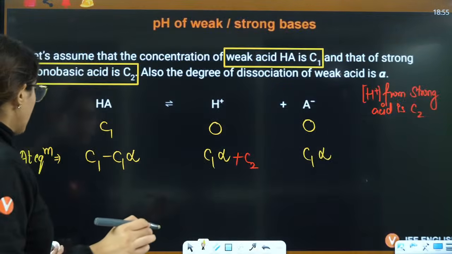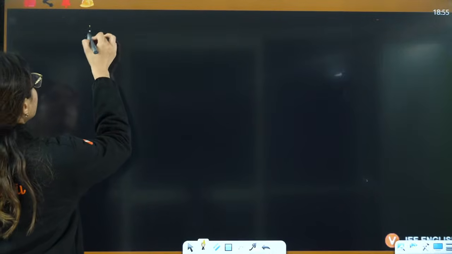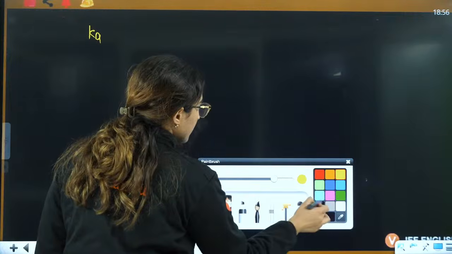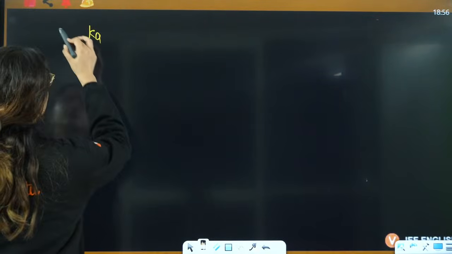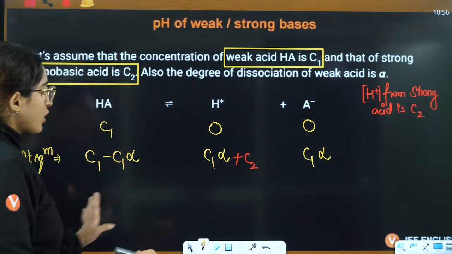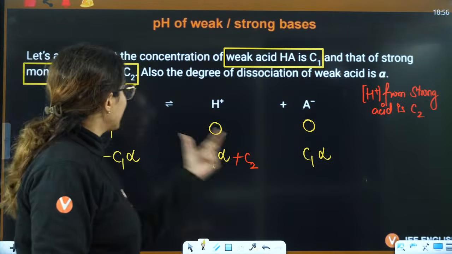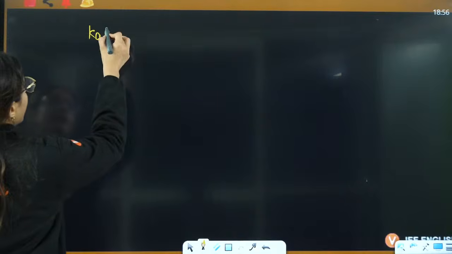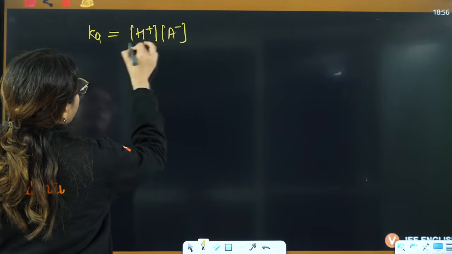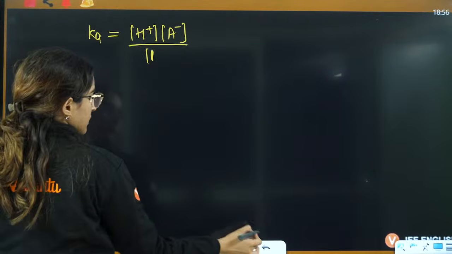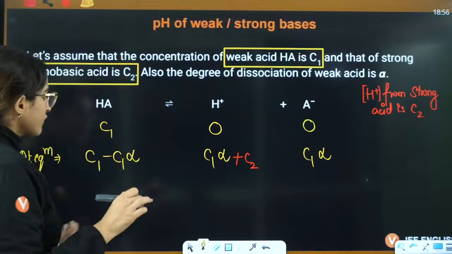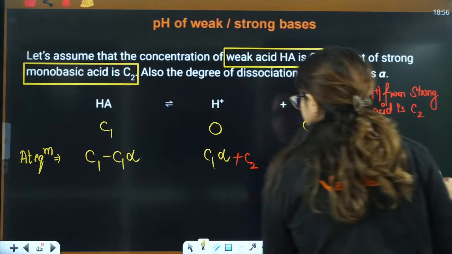Let's see Ka. What is the value of Ka? Products by reactants, isn't it? So what is the product here? The product is H positive, A negative, by HA. What is H positive? H positive is C1 alpha plus C2.